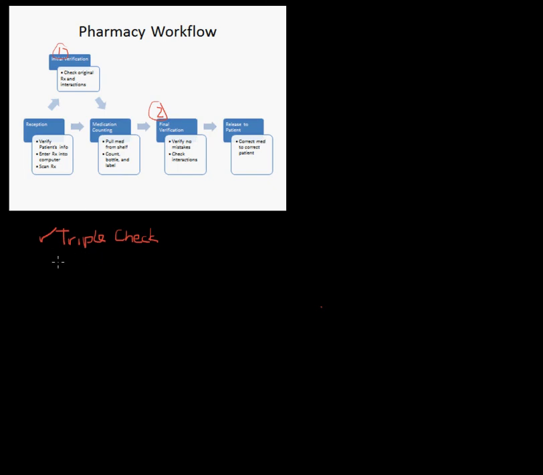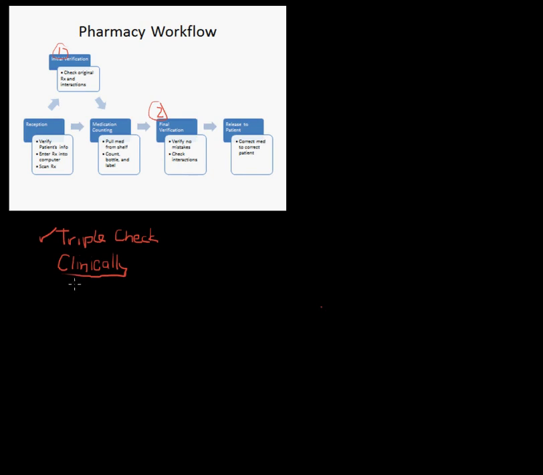But additionally, what's happening at this stage is we're starting to look clinically at this prescription, the validity of the prescription. So clinically, what's going on?